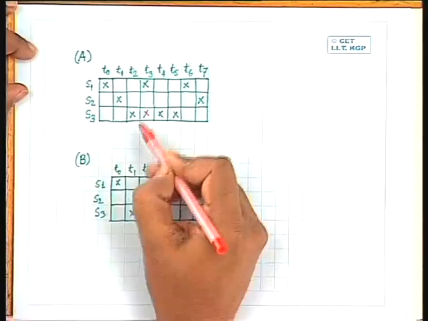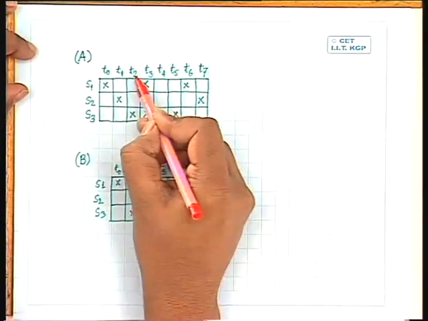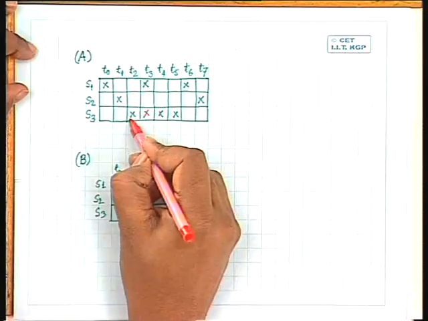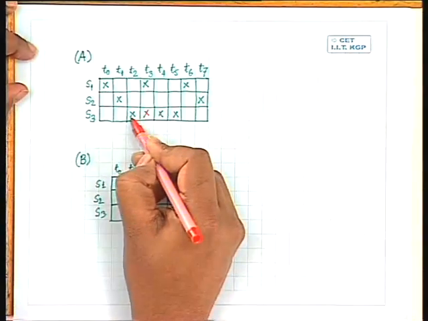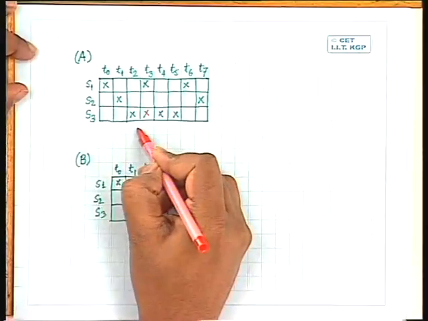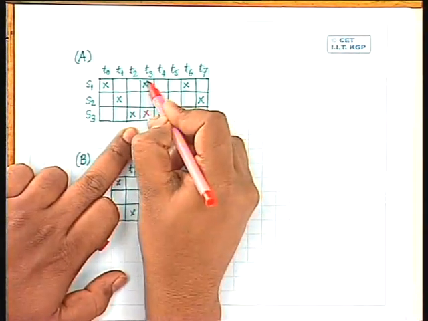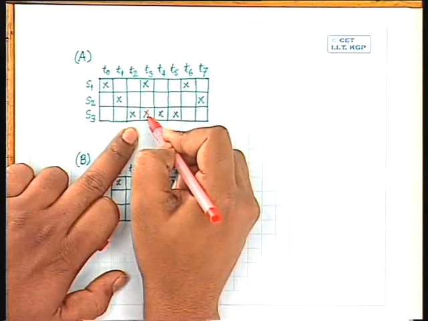Okay. So if you do this, you find that during time step T2, S3 was used. So after time step T2, the output is available from S3. During this time, both S1 and S3 are being used.